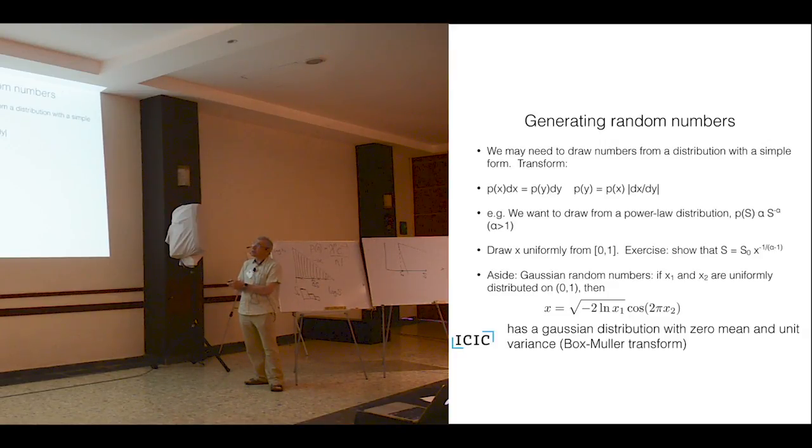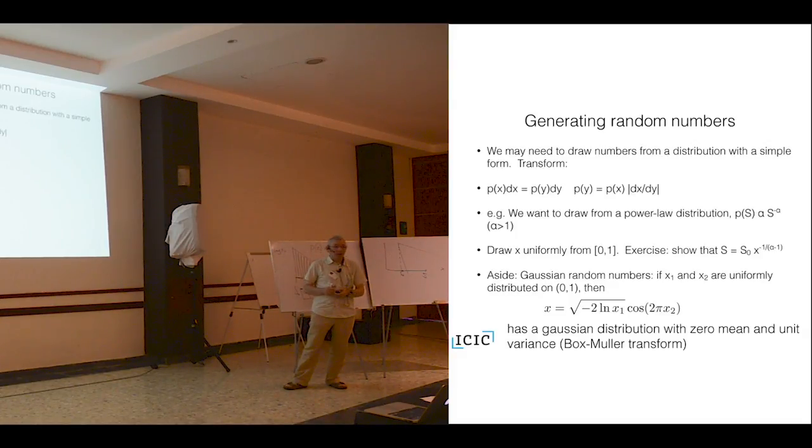So if we want to draw some numbers from a distribution specified by p of y, like the s to the minus alpha that we have here, then if we draw some numbers from a uniform distribution, p of x, so that p of x is a constant, then provided that we choose dx by dy appropriately, we might be able to generate some numbers from a different distribution.